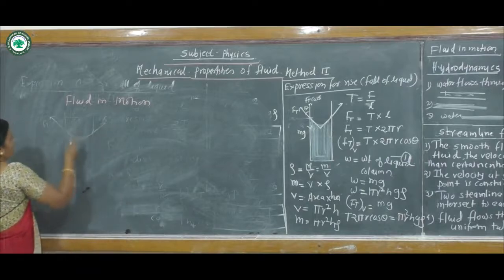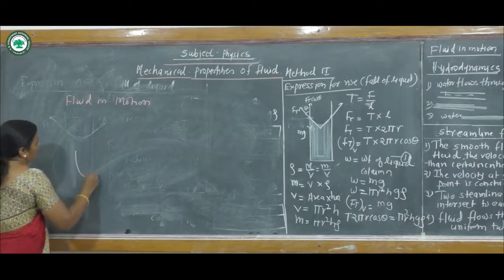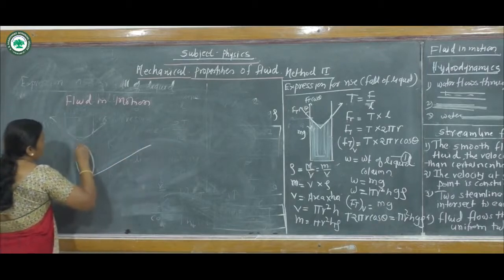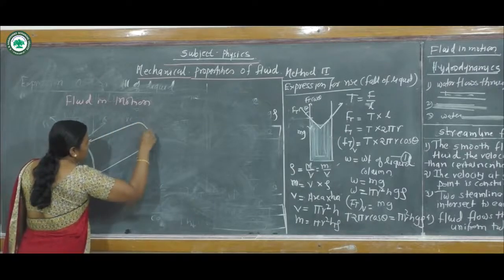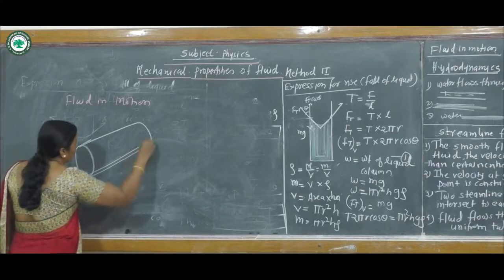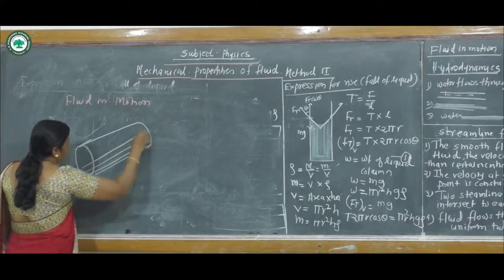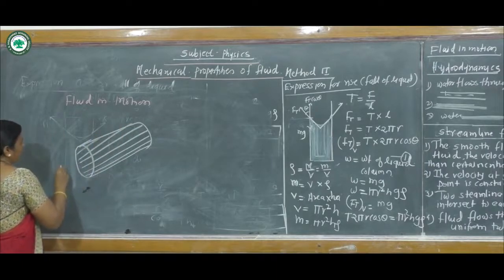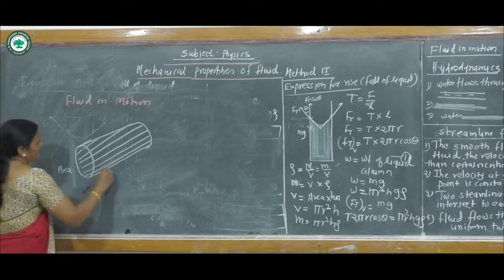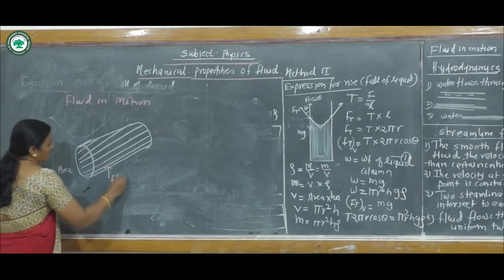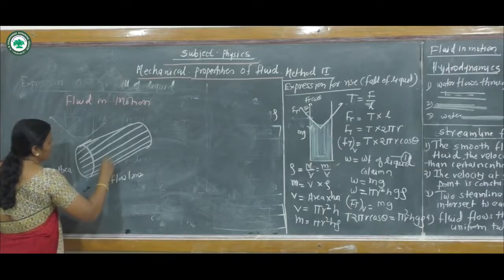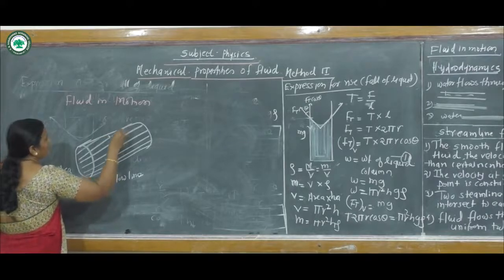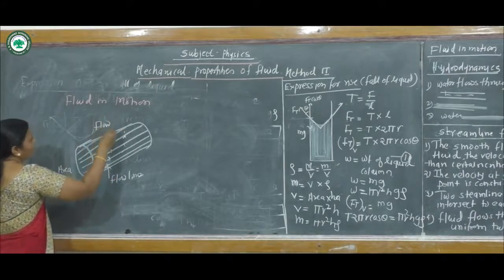Suppose this is the cross-sectional area A, and the area decreases here, and we see these number of lines. These lines are called flow lines, and this is called a flow bundle, or flow tubes.